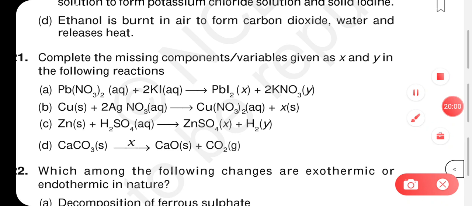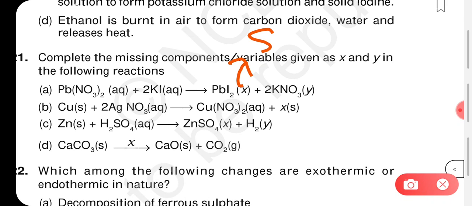Pb(NO3)2, it is in the aqueous state, and another reactant, potassium iodide, is also in the aqueous state. So it is forming lead iodide, right? Pb is the symbol for lead. So PbI2, in which state of matter is it going to exist? It will be in the solid state.